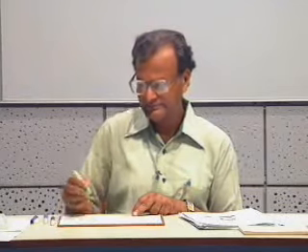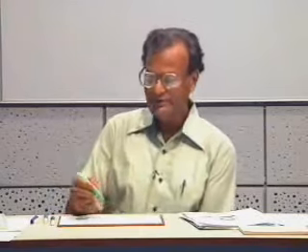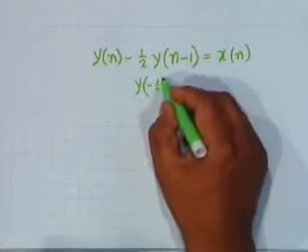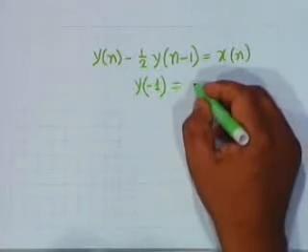As we did in the case of the continuous time systems, let's take an example, a simple first order difference equation: y of n minus half y of n minus 1 equals x of n. Since this is first order, we require one initial condition. We cannot accommodate more than one. Let this initial condition be y of minus 1, equal to some constant a.